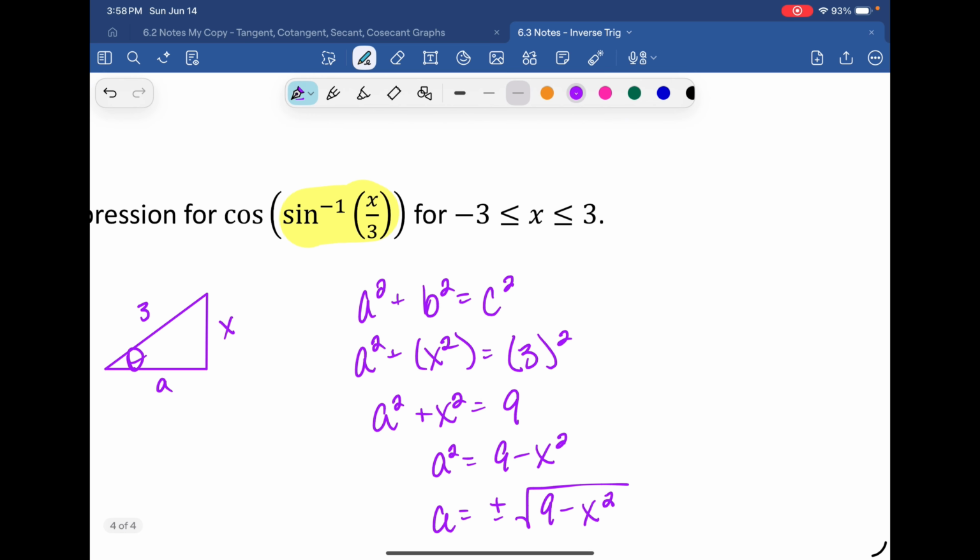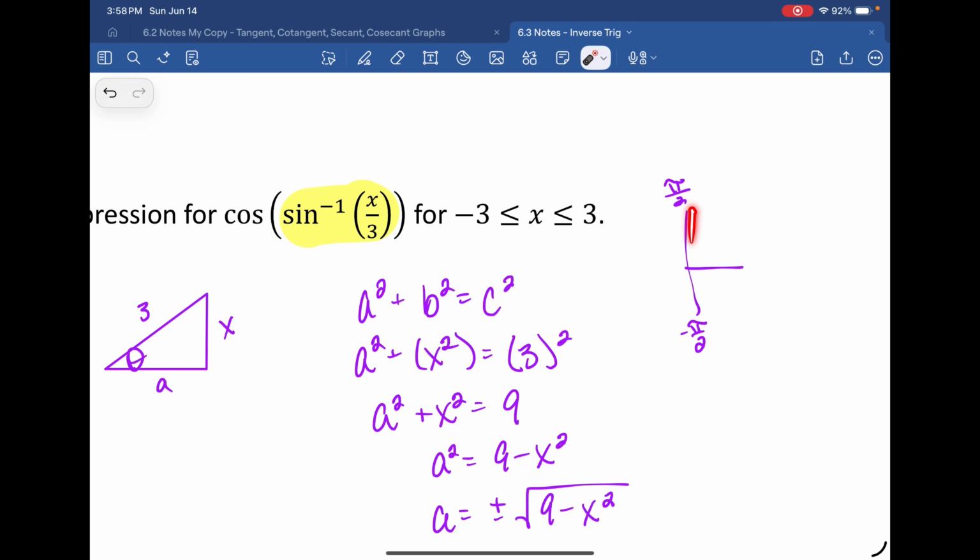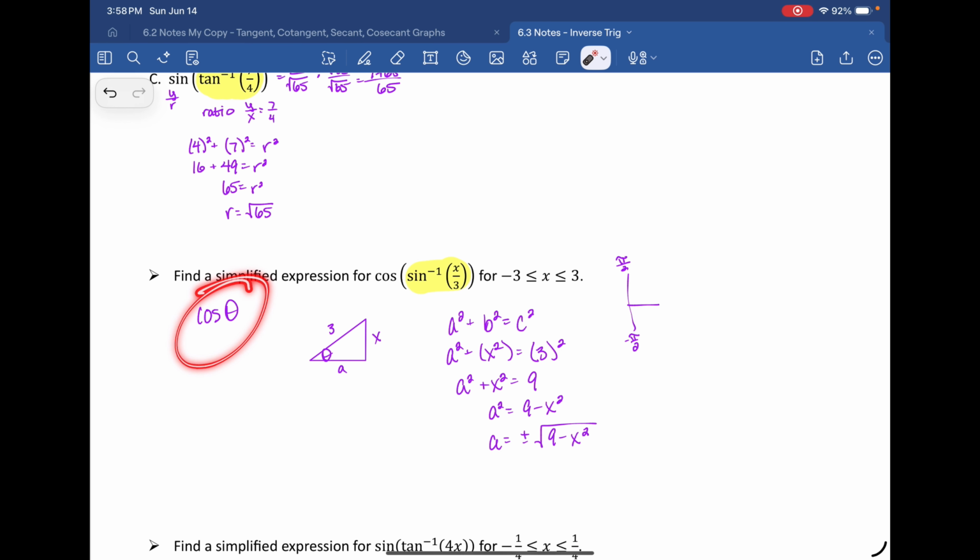So, excuse me, inverse sine: pi over 2, negative pi over 2. So inverse sine always falls here. Okay, so that means my angle is in between quadrant 1 and quadrant 4. Cosine is always positive in those quadrants.